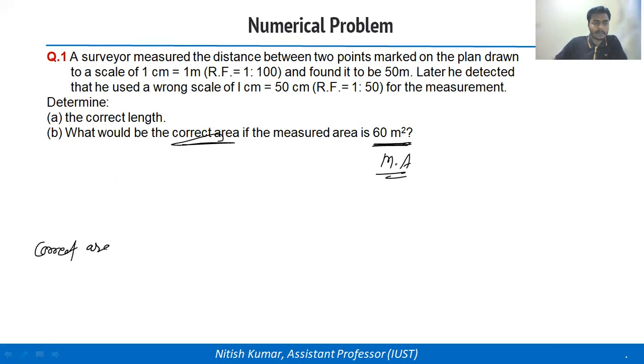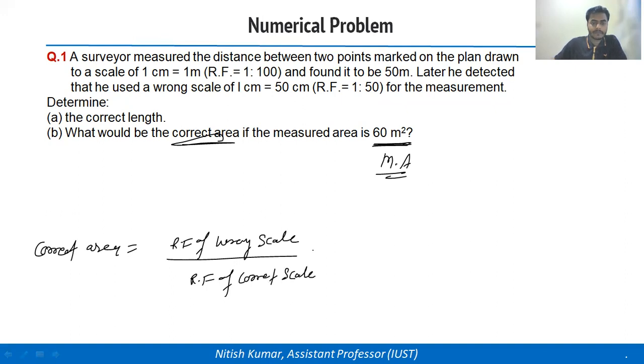Correct area is equal to RF of wrong scale divided by RF of correct scale, the whole square, into measured area.